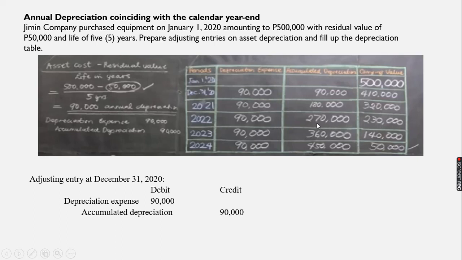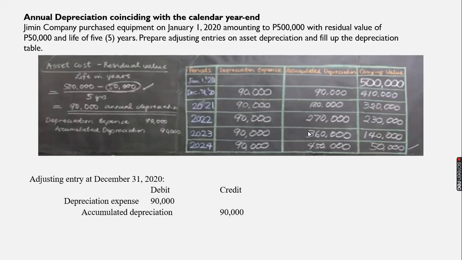And then, pag 3 years na siya, ang accumulated depreciation niya is, i-multiply mo lang naman kung ilang years. So, 90,000 times 3, makukuha natin yung 270,000. Tama? Okay, sa year 2023, may 90,000 na naman siya. So, 230,000 less 90,000, makukuha natin yung 140,000. And then, paano natin nakuha yung 360,000 na accumulated depreciation?